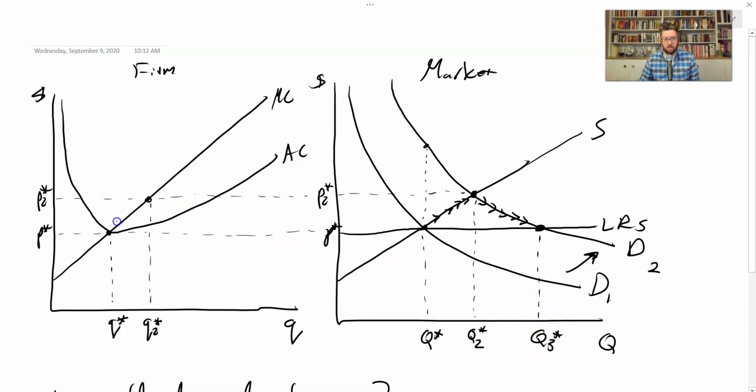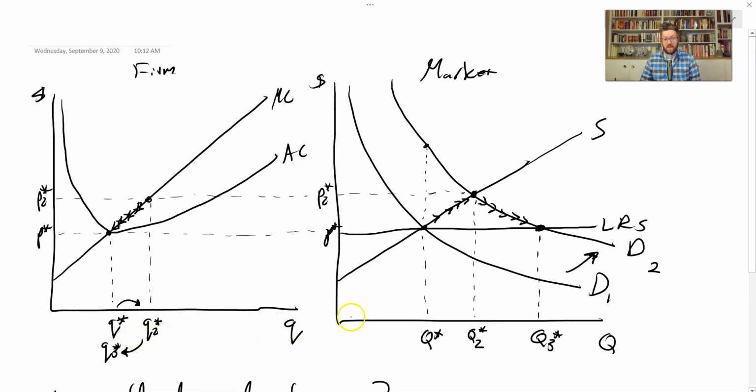Okay? So initially the price goes up, but then it starts to walk back down the demand curve, and we end up back where we started, because that is the minimum efficient scale. In the long run, it's these cost structures that determine the optimal size for firms.